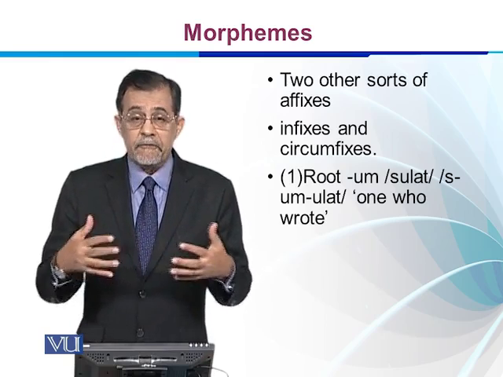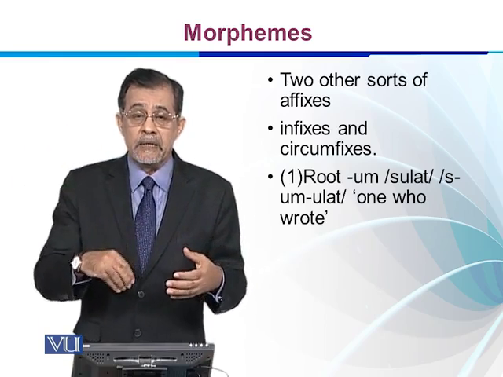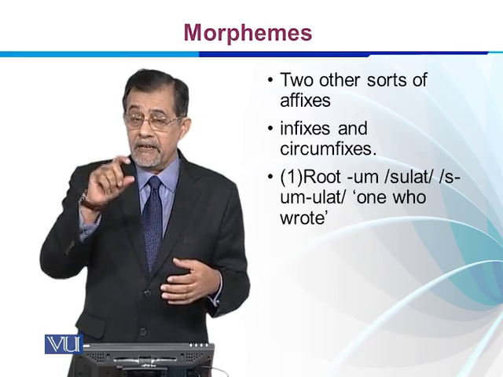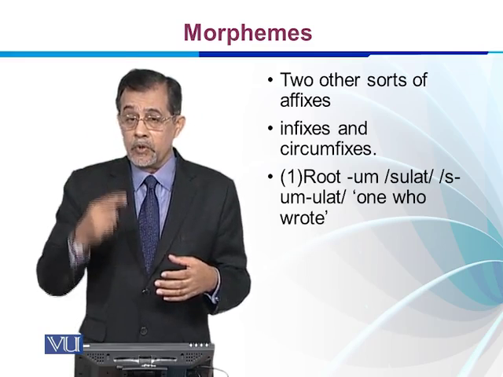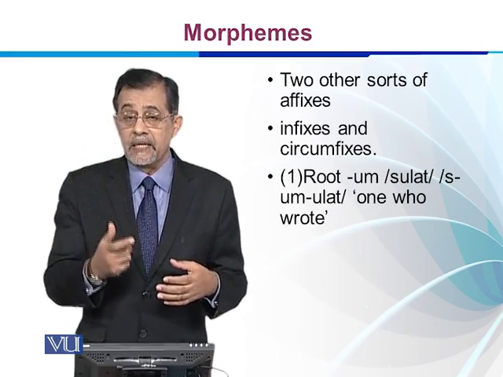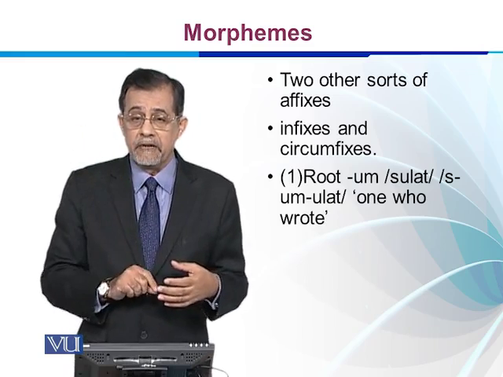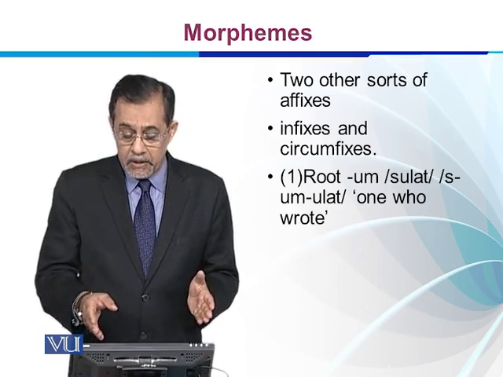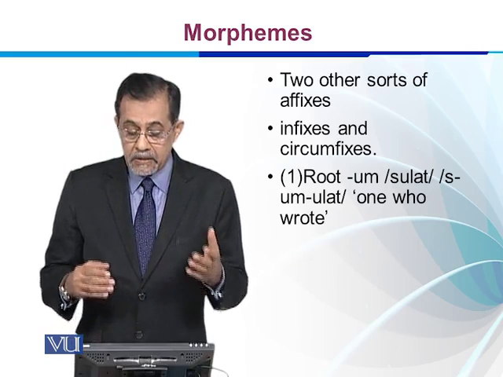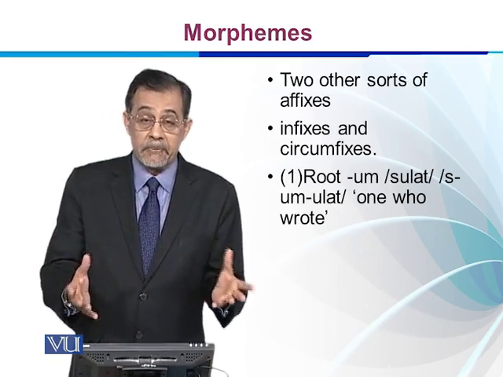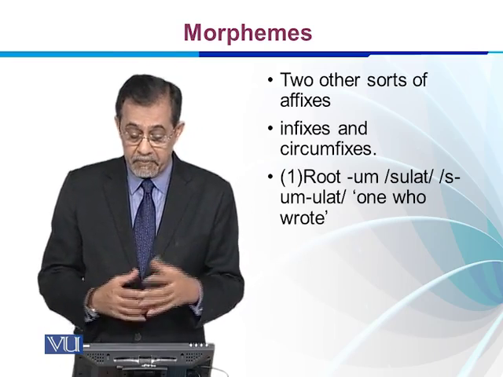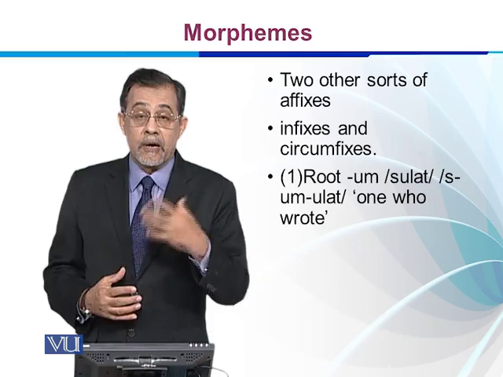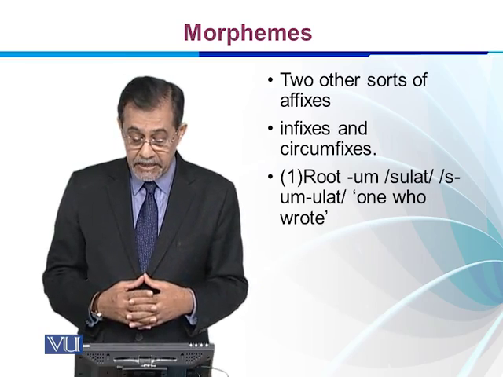So when we infix it, we put it into the morpheme. Here we recall the fact that we said earlier, that the morpheme is the smallest meaningful unit. So here we are going to break the morpheme, and it becomes sumulat. Obviously the pronunciation must be different, but for comprehension purposes I am pronouncing it this way.